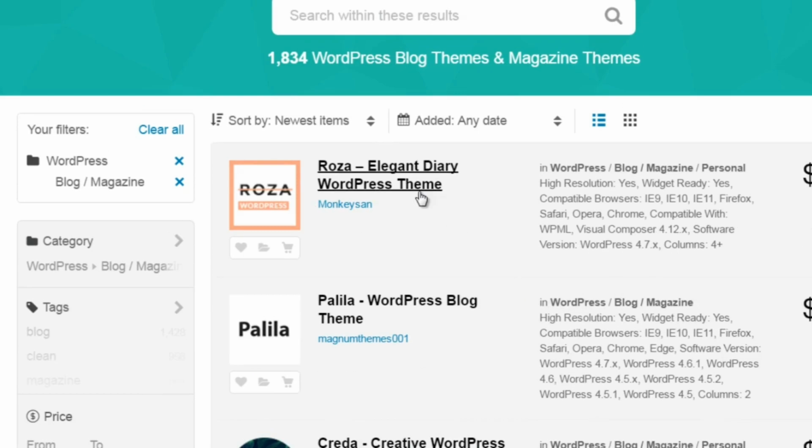But these themes are very, very professional and can definitely make you stand out. If somebody comes to your site, you want to make a good first impression. That's one side of getting people to trust you, is to make sure that your site looks professional. So that's just something to think about as well.